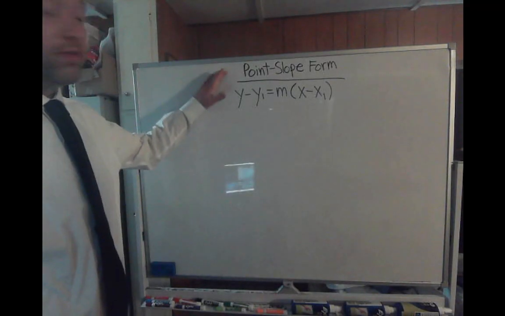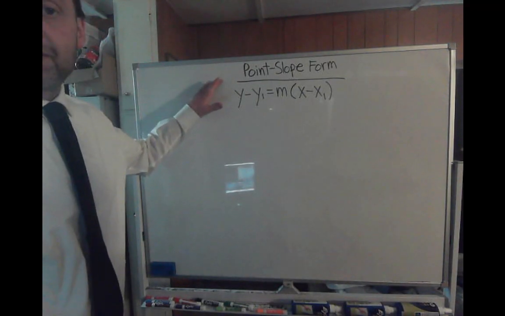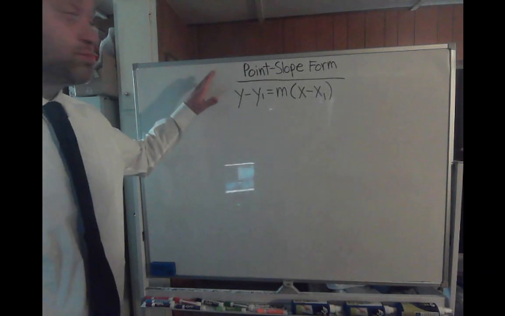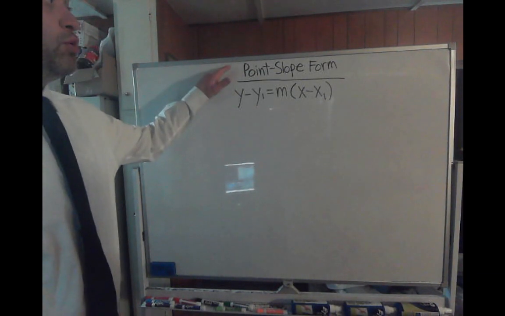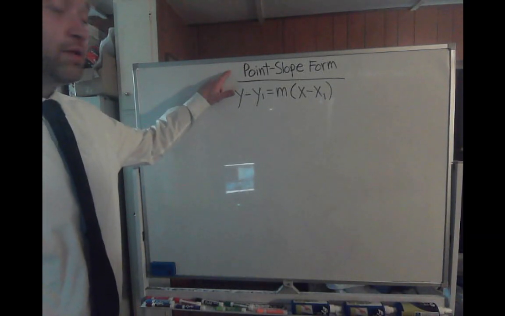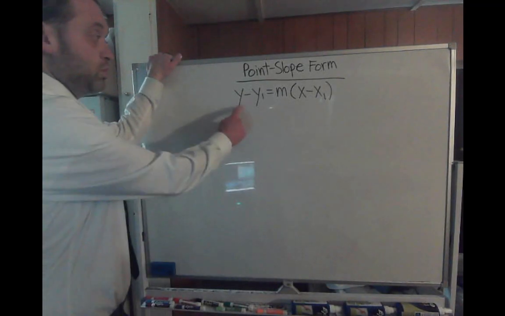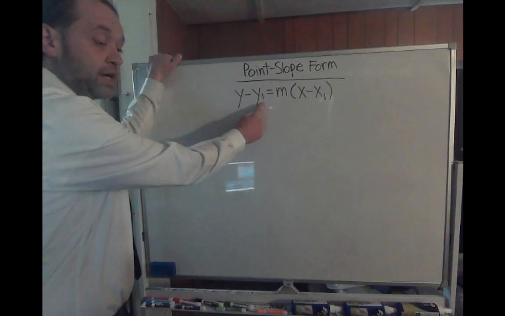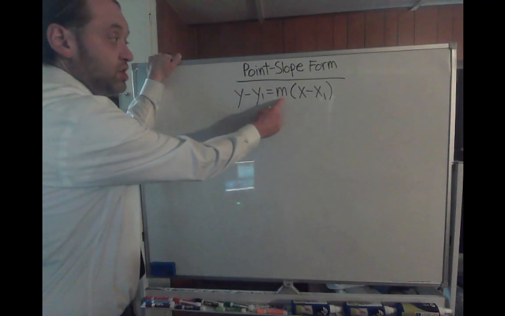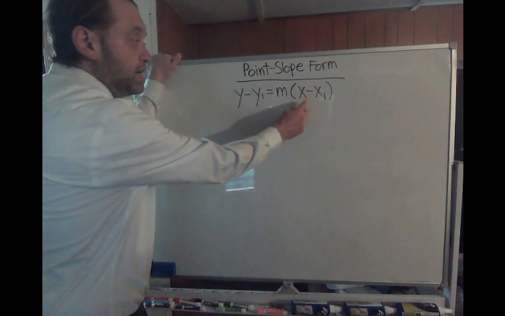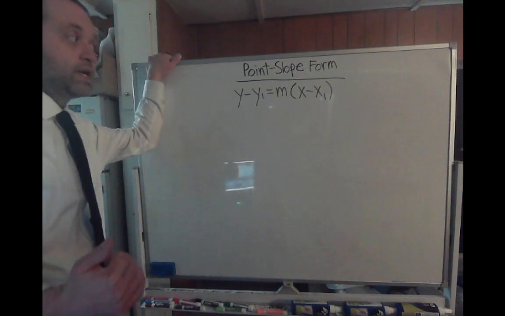And here I have a form that some of you may or may not be familiar with that we talked about in Algebra 1. This is the point slope form of a line, for the linear equation of a line. This is given as y minus your y coordinate equal to your slope m times the quantity of x minus your x coordinate.